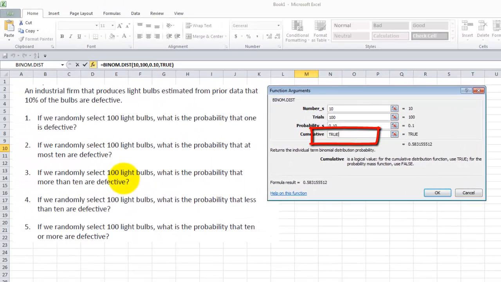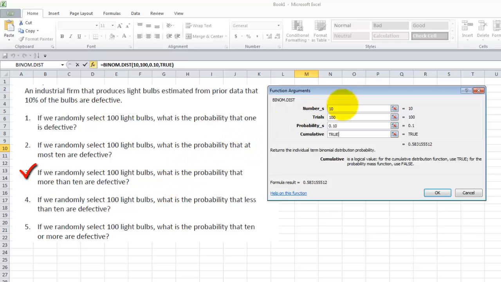Third, the question is, if we randomly select 100 light bulbs, what is the probability that more than 10 are defective? More than 10 are defective means 11, 12, and so forth, all the way to 100 are defective.